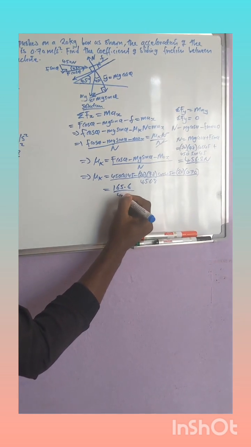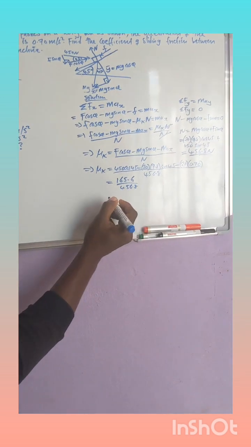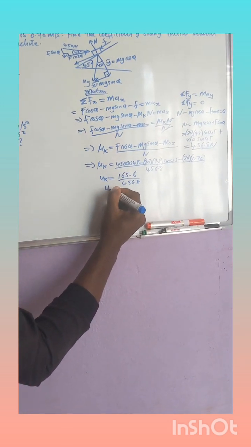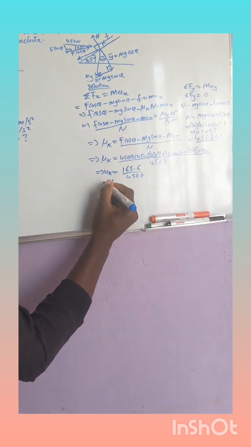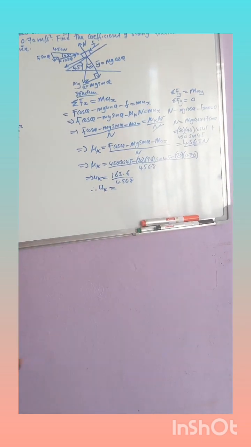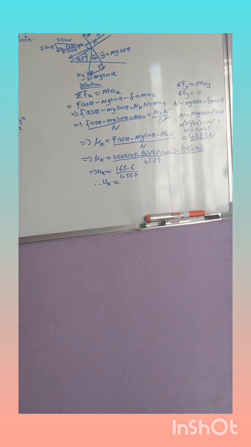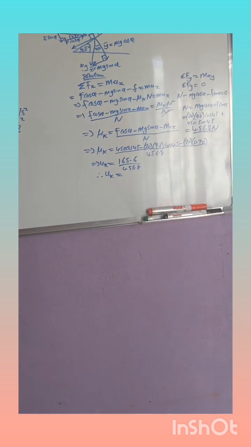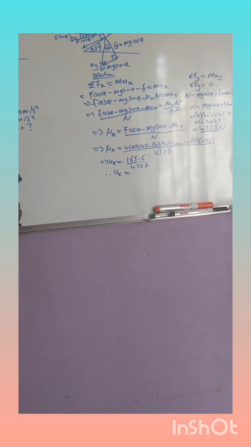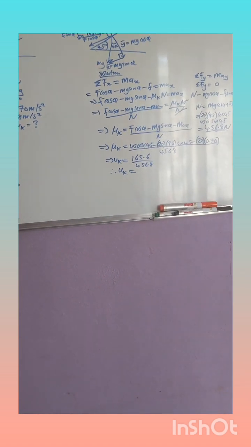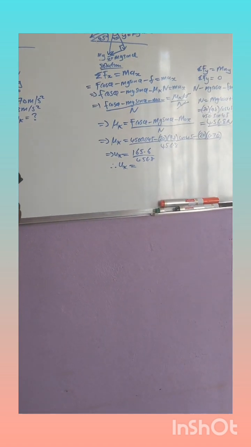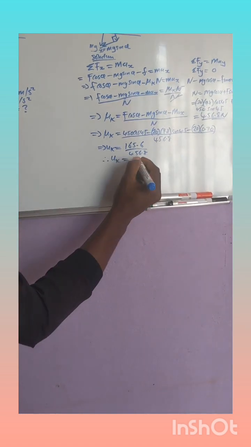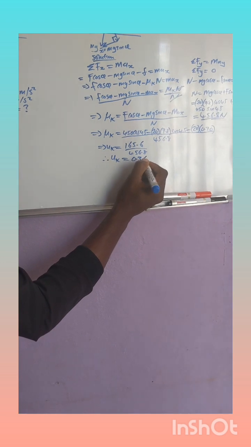So we're going to divide this by 456.8. Therefore, the coefficient of sliding friction is equal to 165.6 divided by 456.8. This will be equal to 0.363.